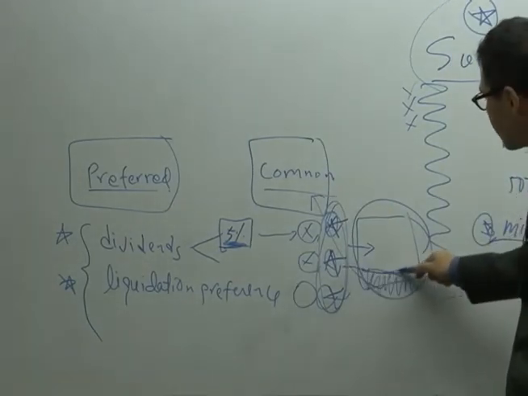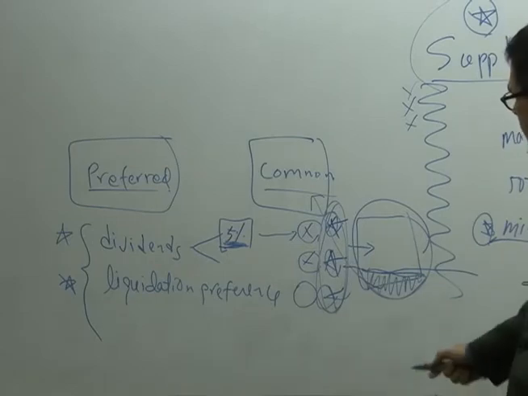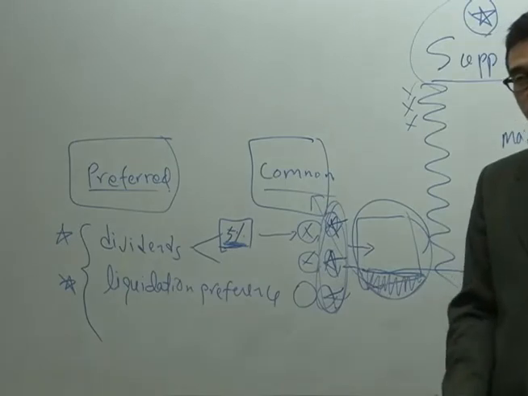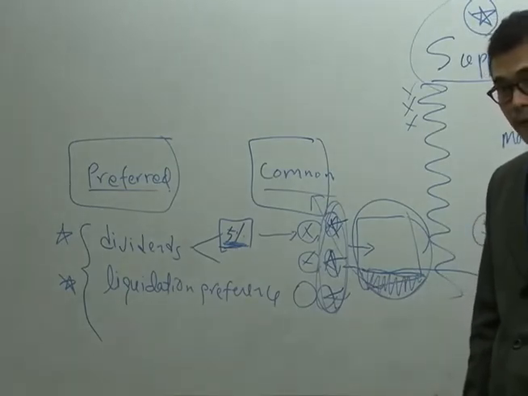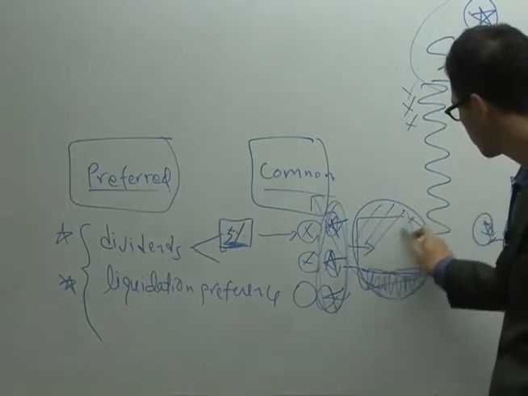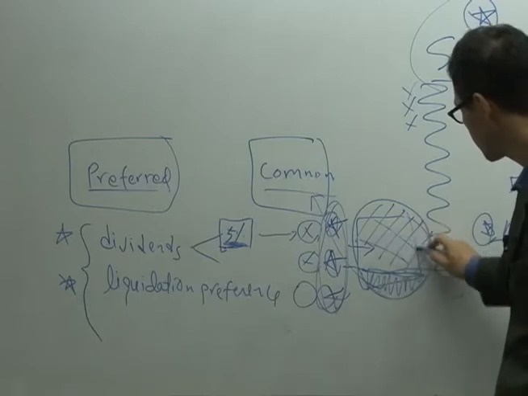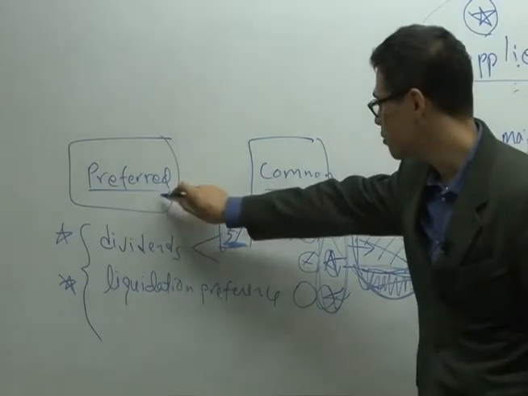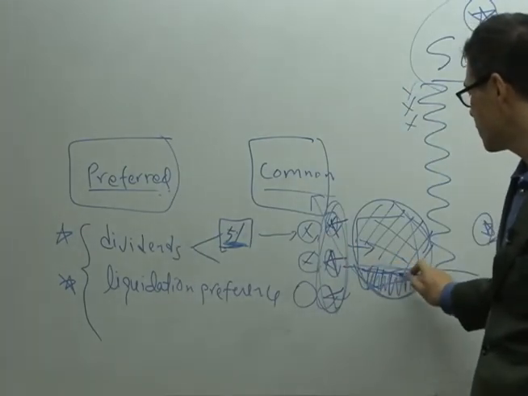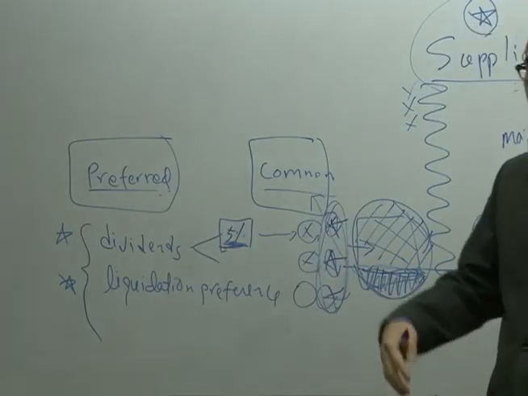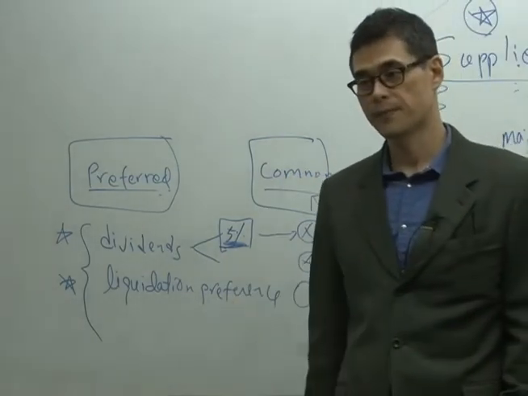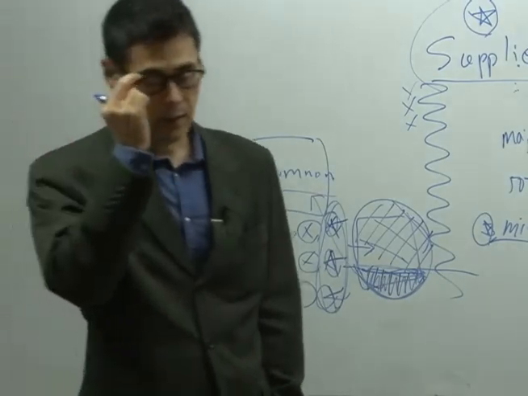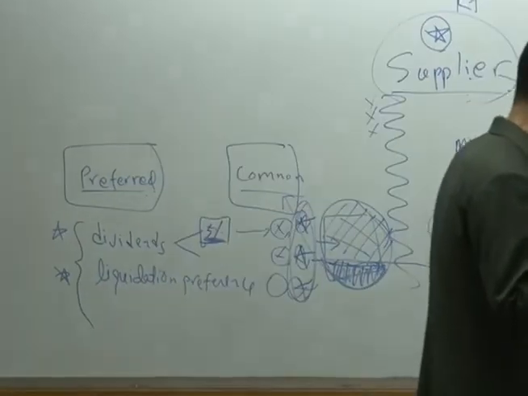Or after all of this, will it be equally distributed to preferred and common shares? After all of this mandatory dividend has been paid, if the preferred shares could participate in the leftover dividend as well, it is called participating. All right?